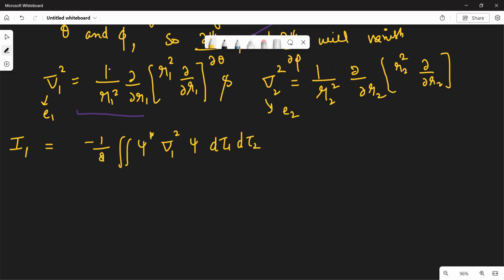It's the wave function for the helium atom, which is equal to, let me write the expression, psi equals Z cube by pi into e raised to power minus Z (r1 plus r2), right? So this expression we will substitute here, and the expression for del 1 also we will get.